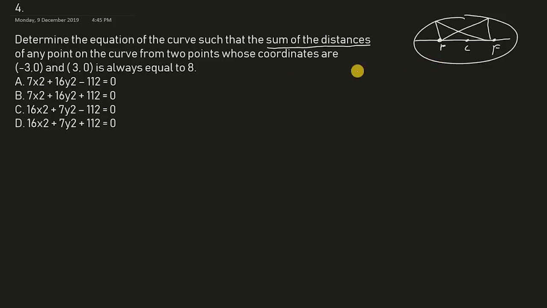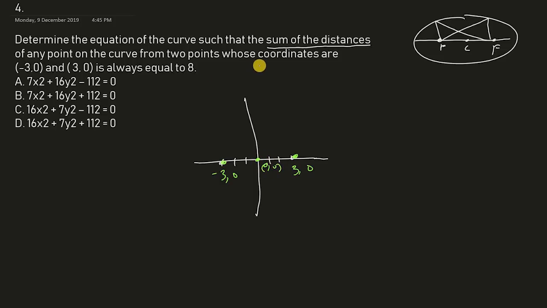Alright? So, let's graph that out. It says the two foci are at negative 3, 0 and 3, 0: 1, 2, 3, negative 3, 0, and 3, 0, 1, 2, 3. Alright, they're here. That's 3, 0 and negative 3, 0. Now, this means the center of the ellipse is at 0, 0, at the origin.